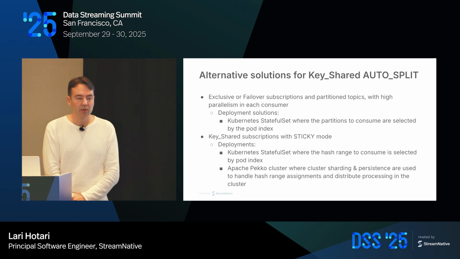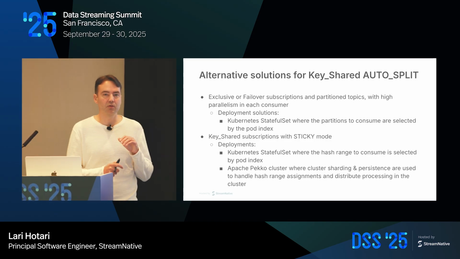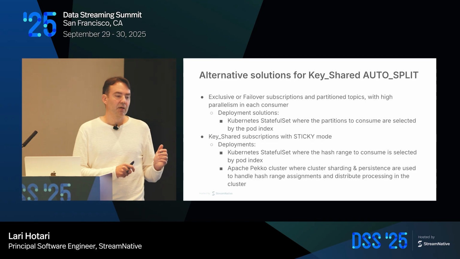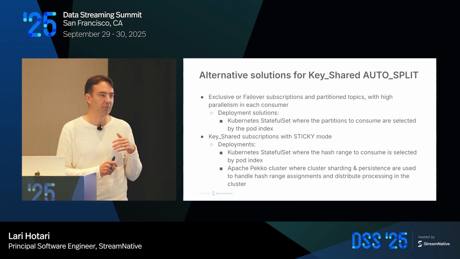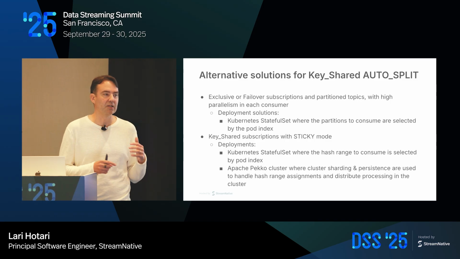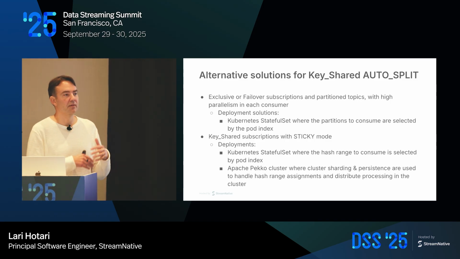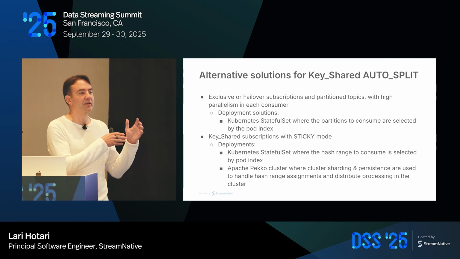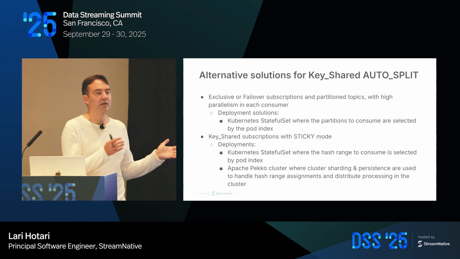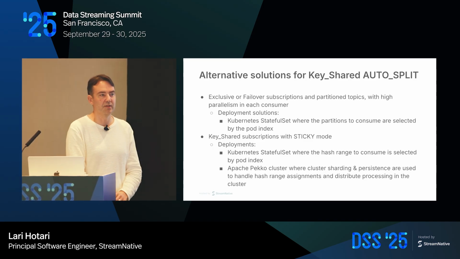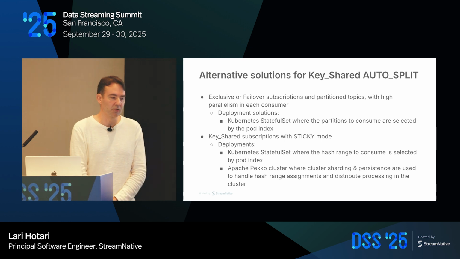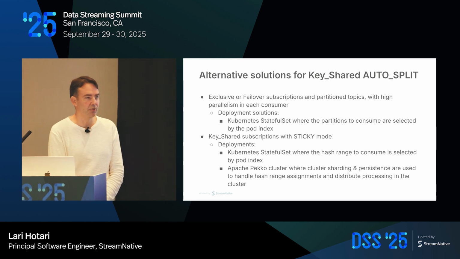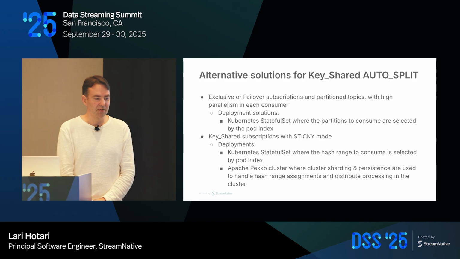And one simple deployment solution for this could be that you have a Kubernetes stateful set where the partitions to consume are configured and selected by the pod index. So you have some application code that selects that, oh, when I'm pod index 1, I'm going to consume partitions 1, 2, 3, and then pod 2 is going to take 4, 5, 6, and so on.